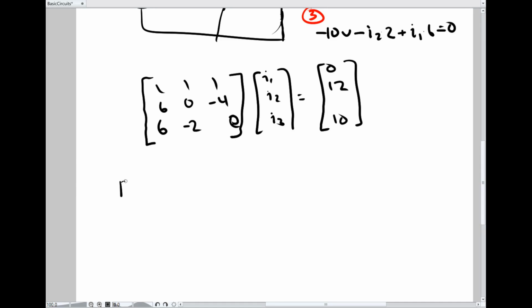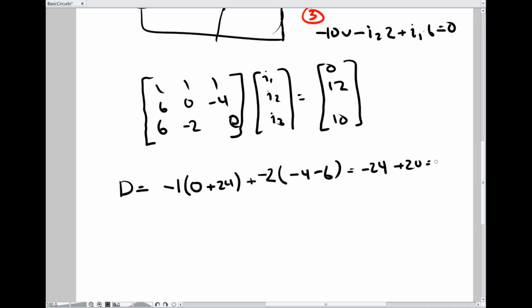So D is equal to, I'm going to use the middle column, I guess, minus 1 times 0 plus 24 plus minus 2 times minus 4 minus 6, which is equal to minus 24 plus, let's see, this is minus 10, so plus 20, which is equal to minus 4.